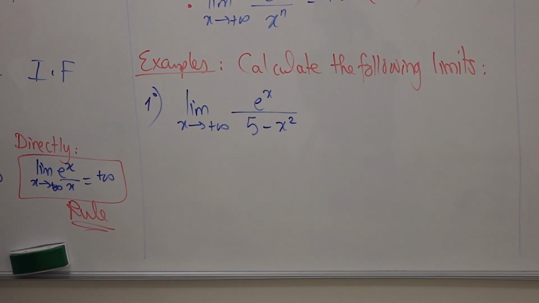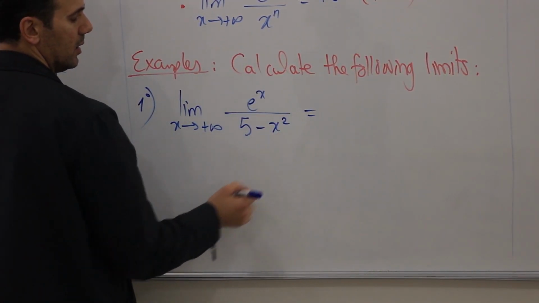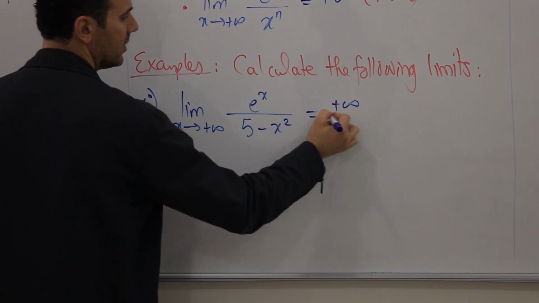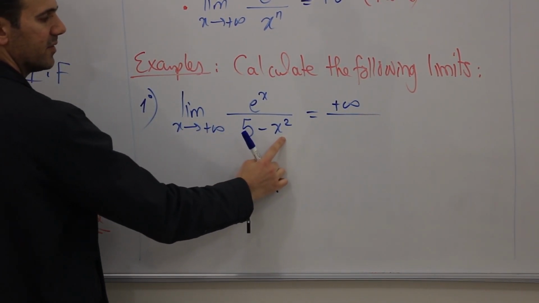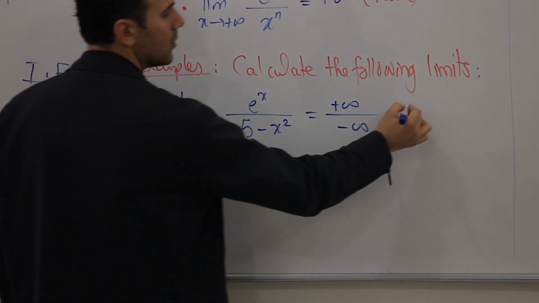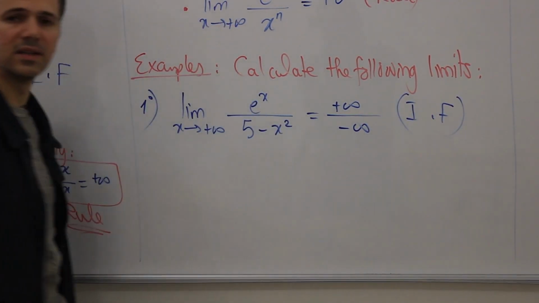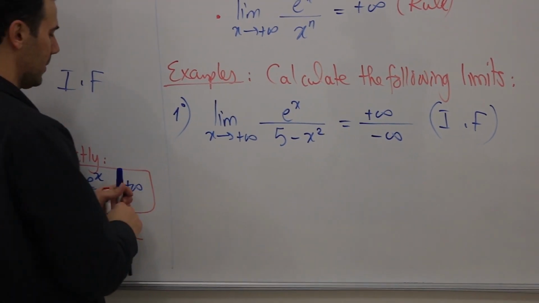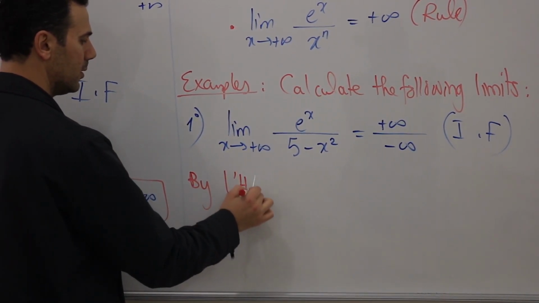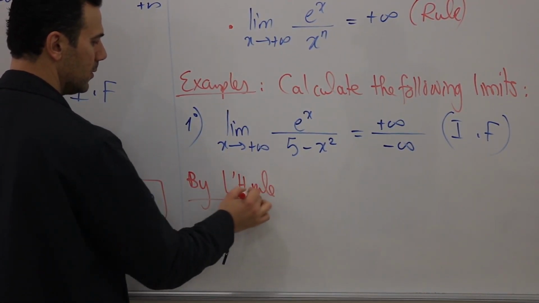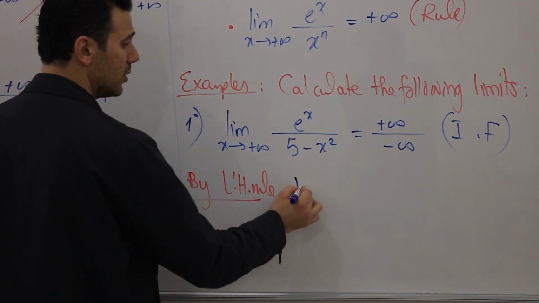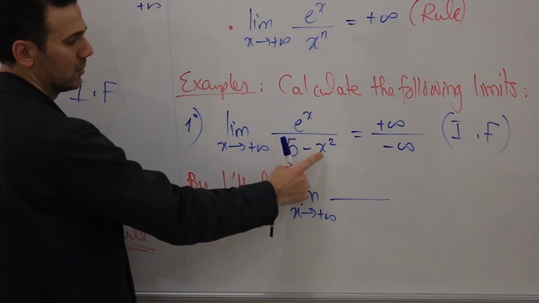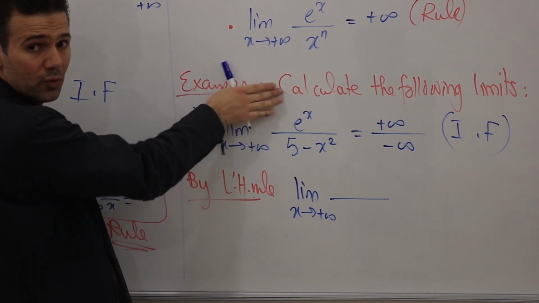If you try to find this limit, if you substitute, the limit of e^x will be plus infinity over 5 minus plus infinity, which is minus infinity, as you know, which is the case of infinity over infinity, an indeterminate form that allows us to use L'Hopital rule. By L'Hopital rule, as you know, we keep the same limit and we take the derivative of the numerator and the derivative of the denominator. Don't miss, it's not the case of u over v.